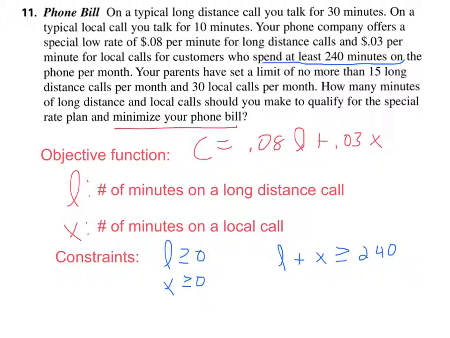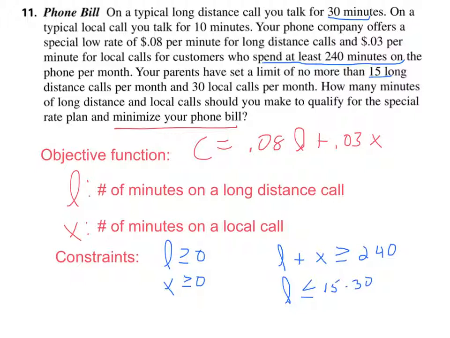My parents tell me that I can only make 15 long distance phone calls per month. But up here in the problem, it says that every time I make a long distance phone call, I'm on there for 30 minutes. So that means my number of long distance minutes is going to be less than or equal to 15 calls, and each of those 15 calls are typically 30 minutes.